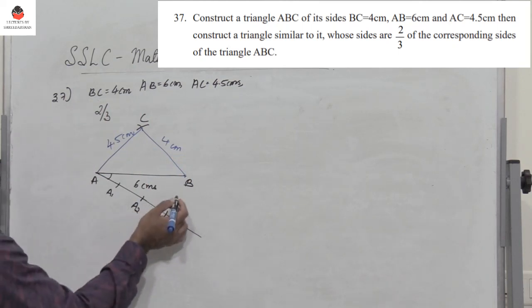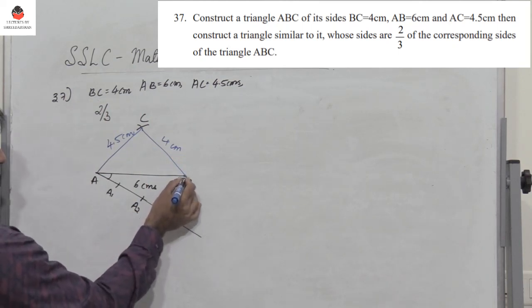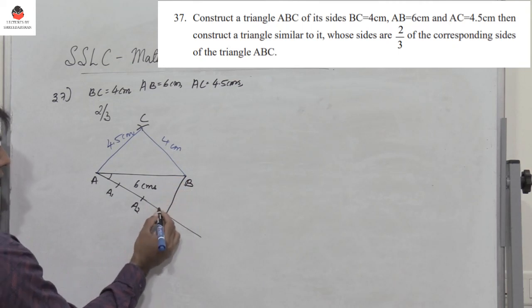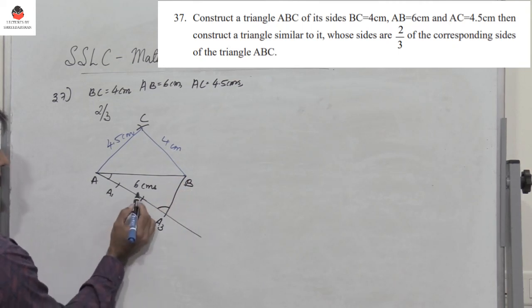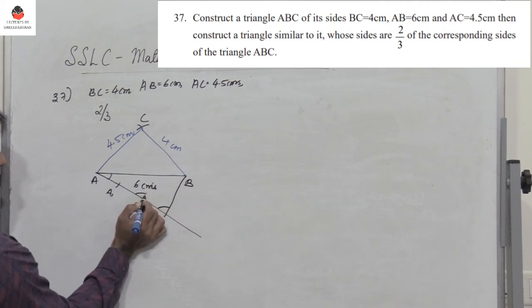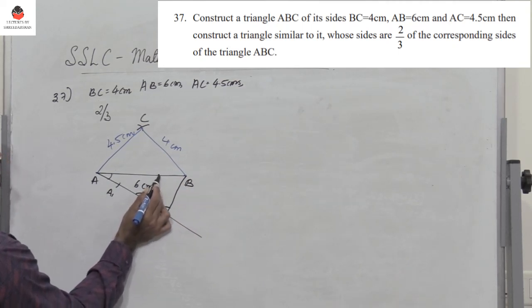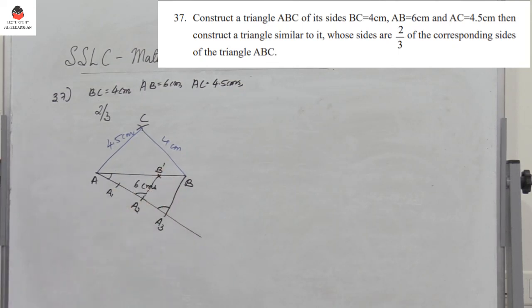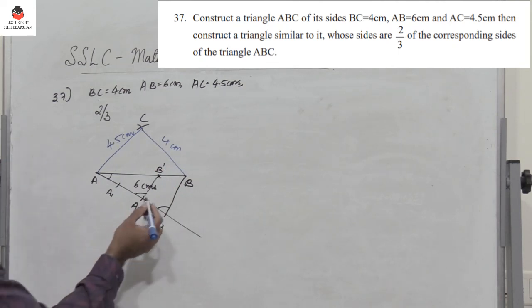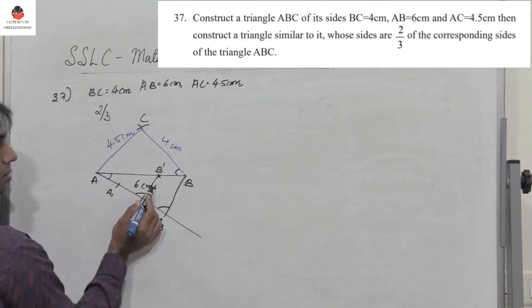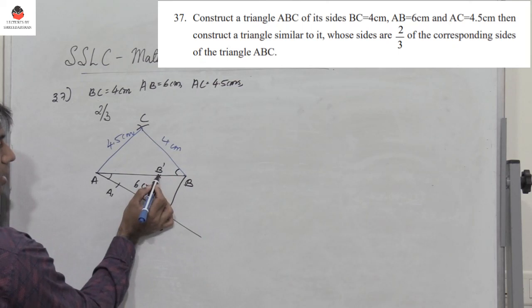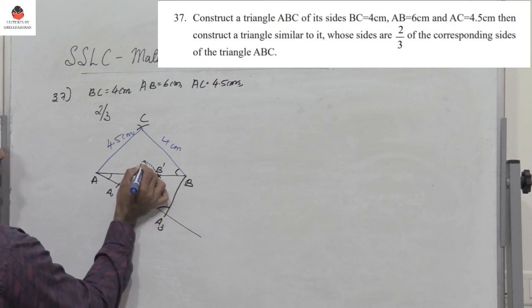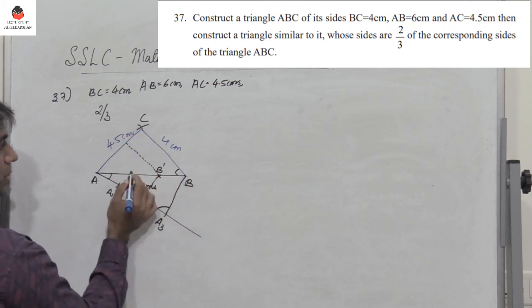So now join BA3 and with this same angle cut an arc and join A2 to intersect the line AB. So let me call this as B dash. So similarly here, measure this angle. So same with this angle here, draw a line which remains parallel to BC.